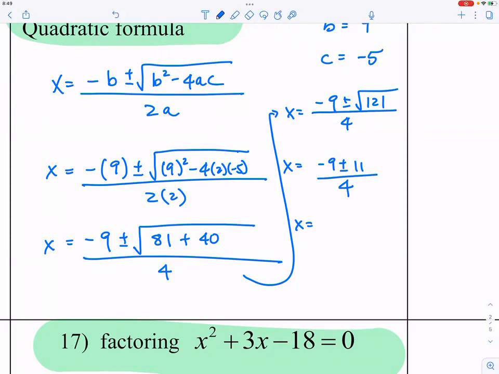So we have two situations. We have negative 9 plus 11 over 4, or x equals negative 9 minus 11 over 4.